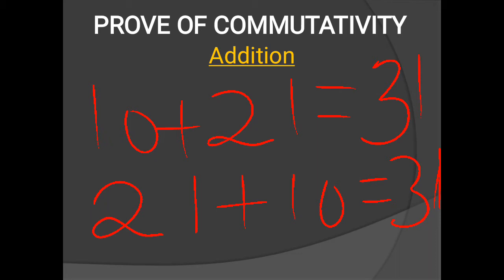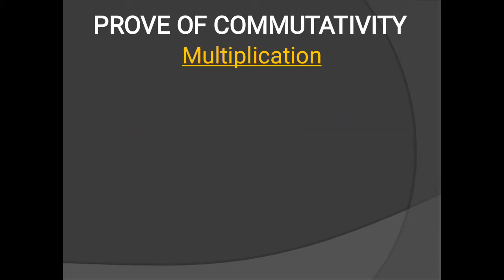That being said, let's look at multiplication. We are saying multiplication is also always commutative, meaning whichever way I position the numbers, I should get the same answer.